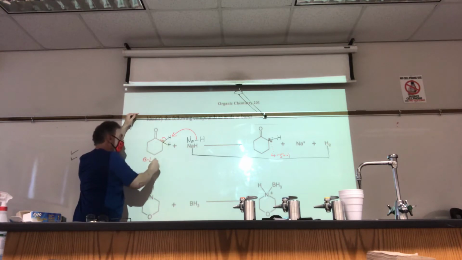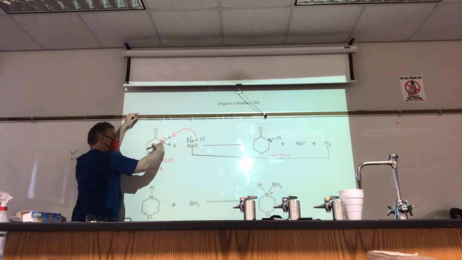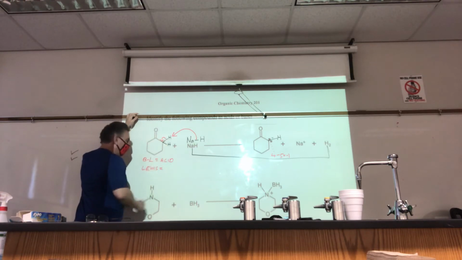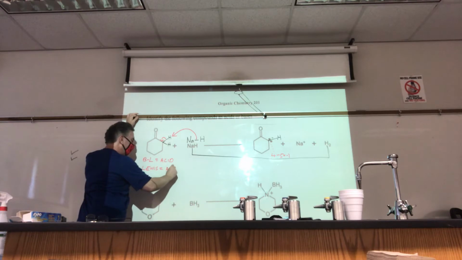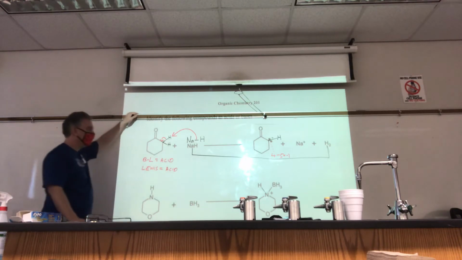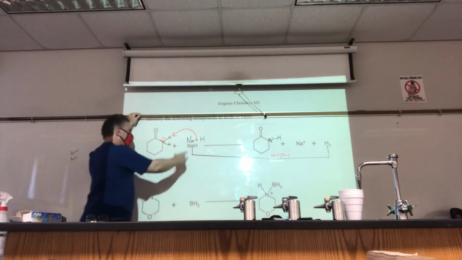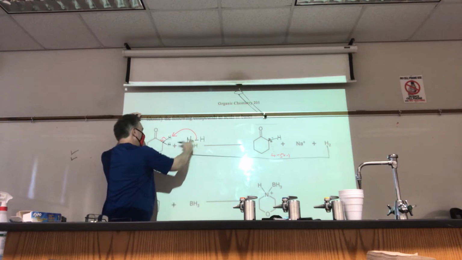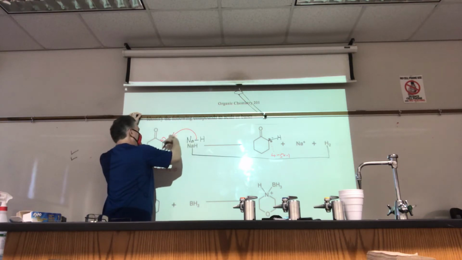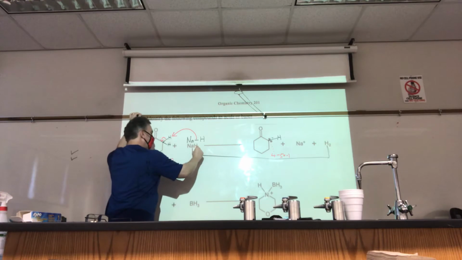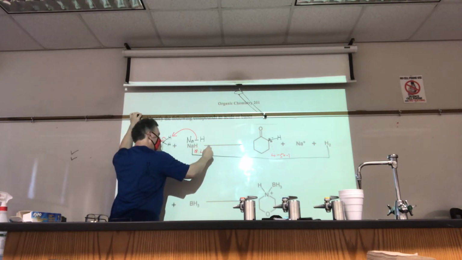giving away its proton, it's acted as an acid. From the Lewis definition, it's also accepted control of those electrons when the bond broke, which also makes it an acid. For the sodium hydride, the hydride part specifically, it's picking up a proton, which makes it a base according to the Bronsted-Lowry definition.